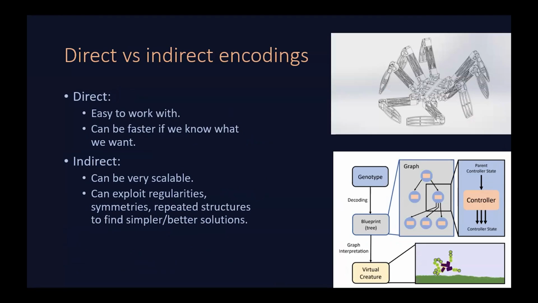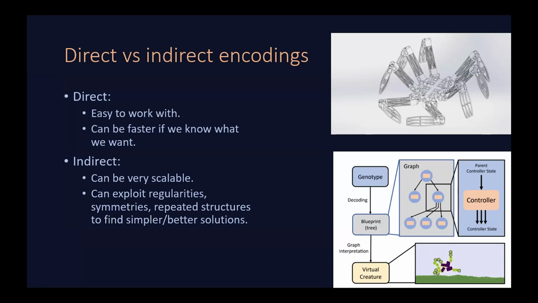That's definitely entirely up to what you want to explore in your experiments. Many people argue that indirect encodings can give you much more symmetric, regular types of robot bodies. You can more easily get to interesting shapes and, say, larger robots.